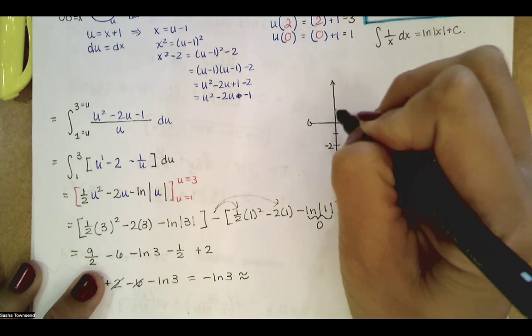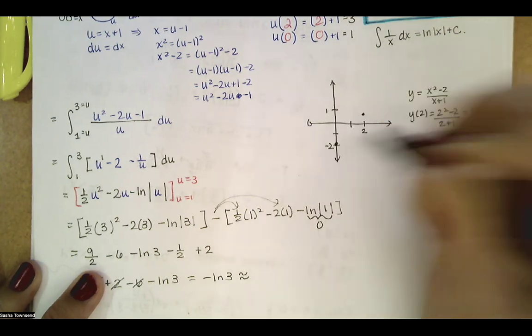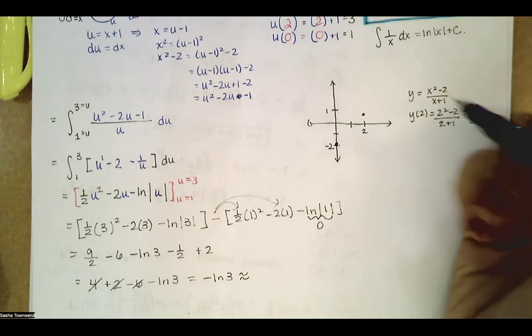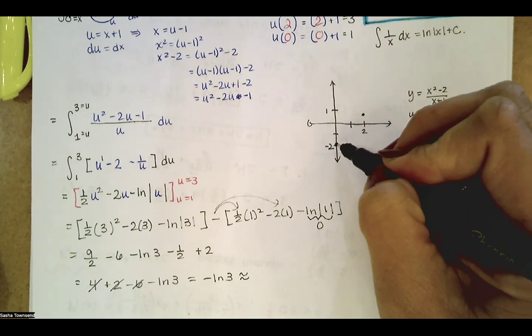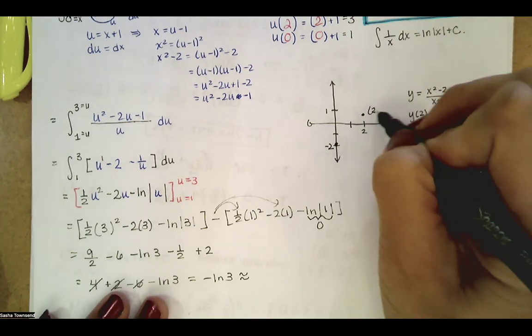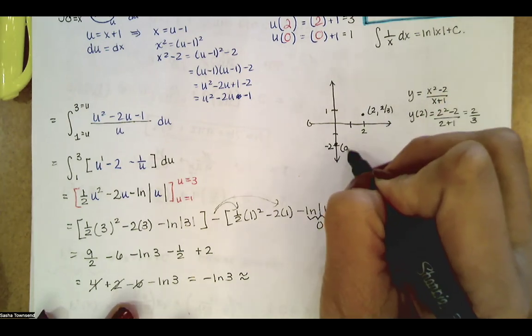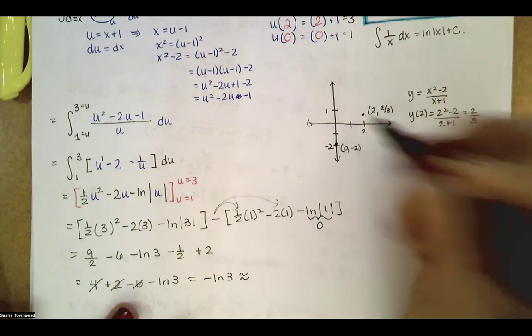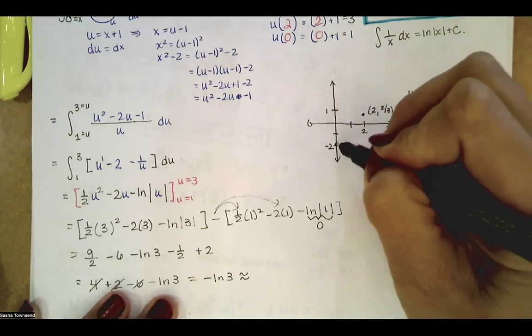We get 2/3. And I don't know exactly what the function looks like as we go from x equals 0, y equals -2, to x equals 2, y equals 2/3. But we know we're going to pass through the x-axis at some point. For some reason, I'm thinking it looks kind of like this.